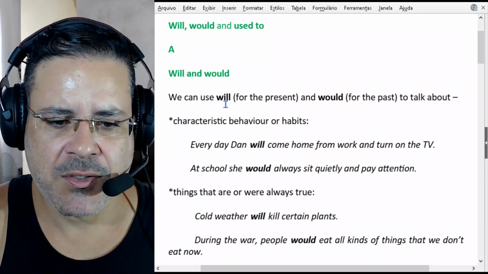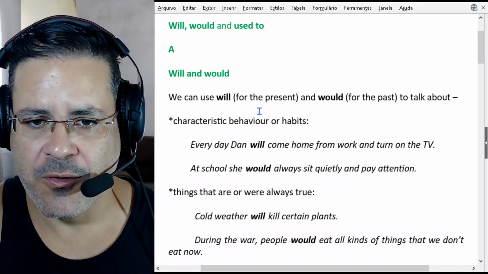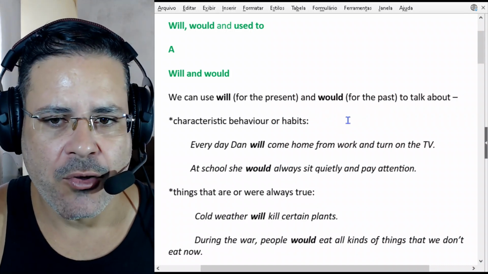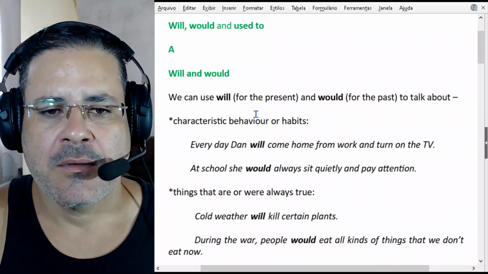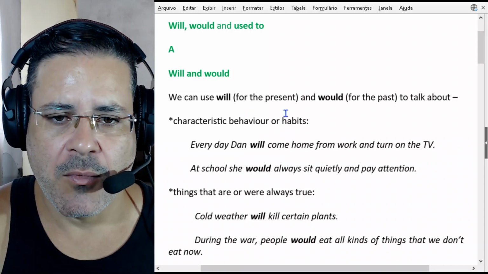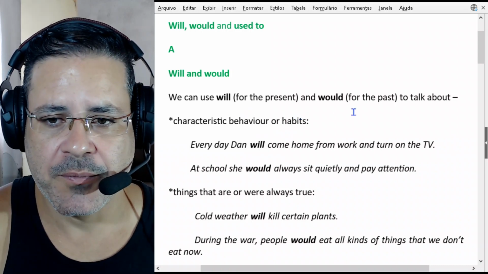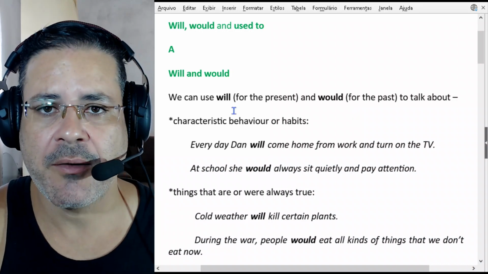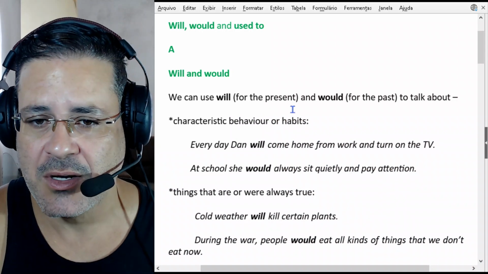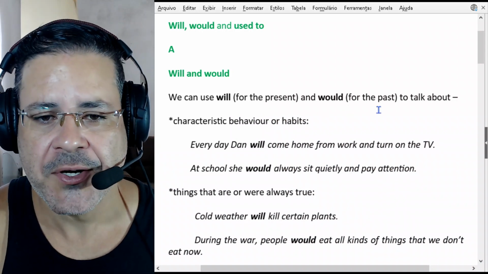Specifically, just to reiterate, will for the present and would for the past. Those are different applications of those modal and semi-modal verbs. We're not talking necessarily about the future, right? Remember, will for the present and would for the past.